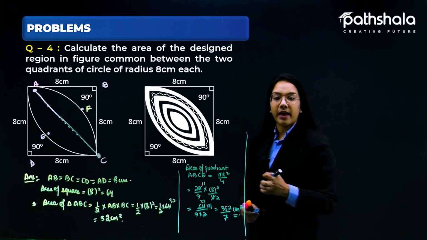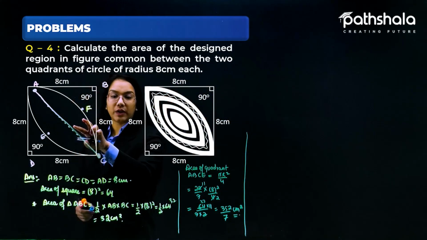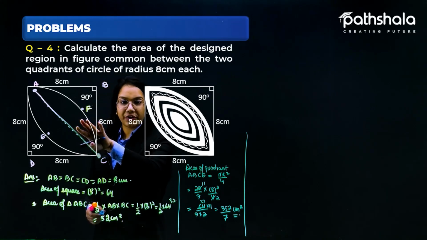Now in a similar manner, if I'm just talking about this particular shaded region, how can we find the area of this shaded region?